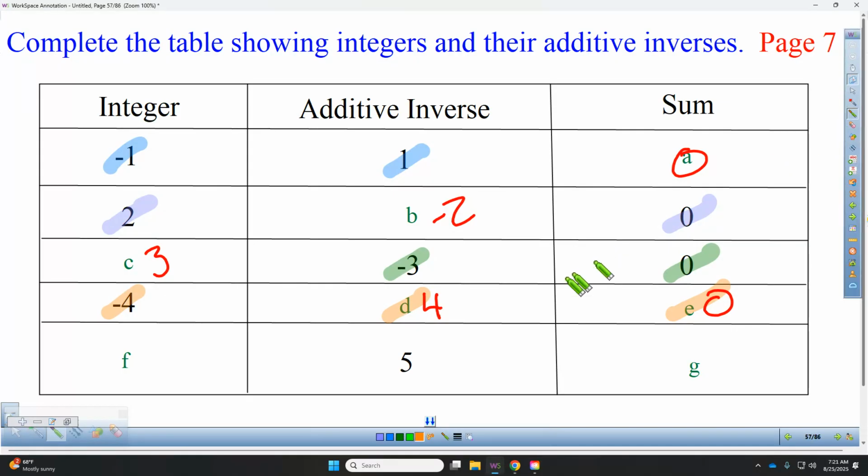And finally, if we have the integer 5, what plus 5 equals what? What are we trying to get here? Hopefully, again, by now you know we're trying to get 0. So 5 plus what equals 0? I think we did that earlier, actually. Hopefully you're saying negative 5.